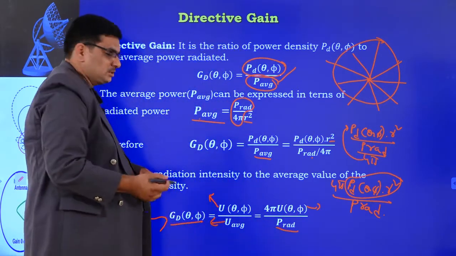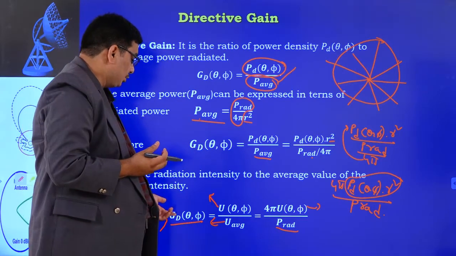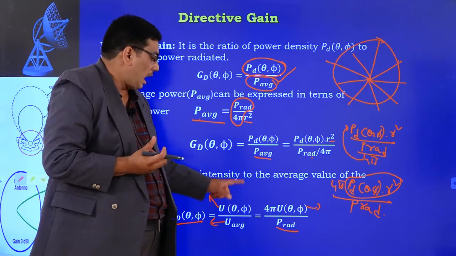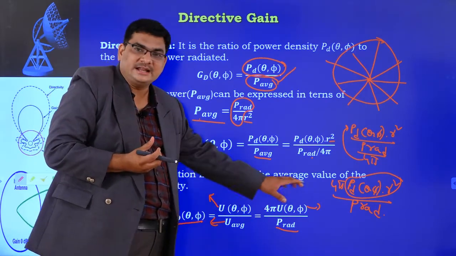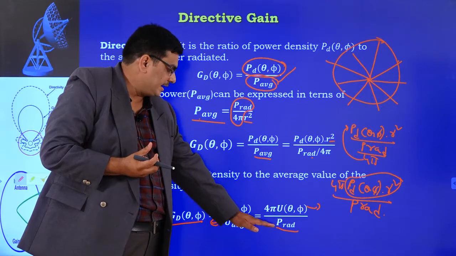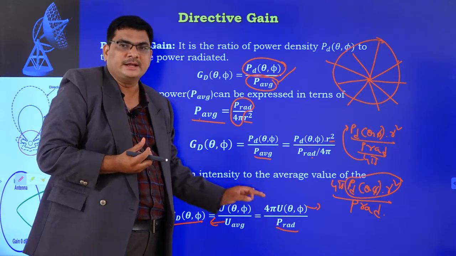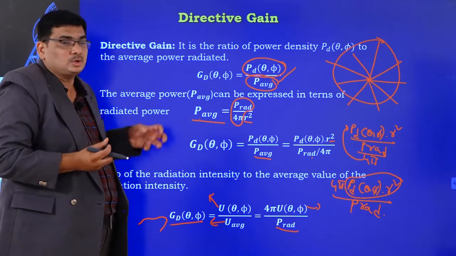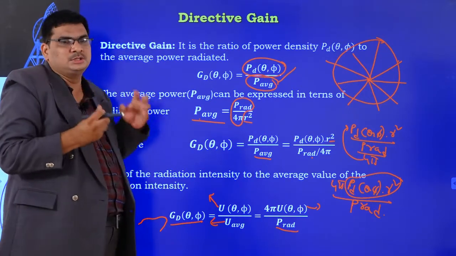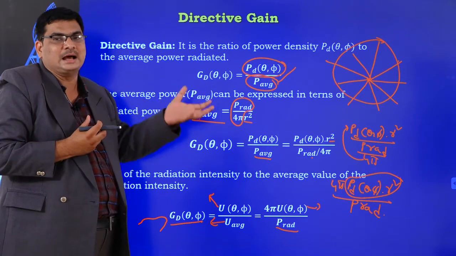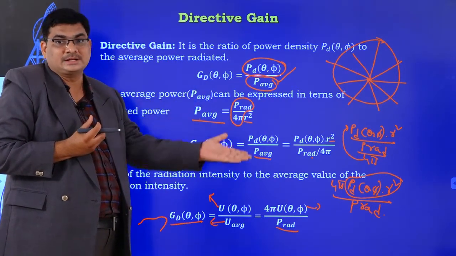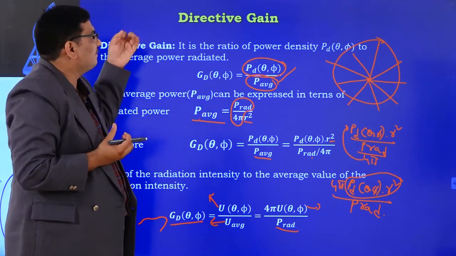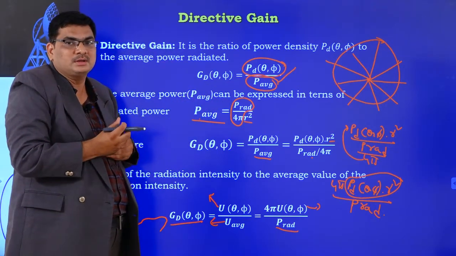Two ways we can express this directive gain. What is the significance of this gain? This directive gain gives the concentration of your antenna in the desired direction. The strength of your antenna in the desired direction can be measured using this directive gain.